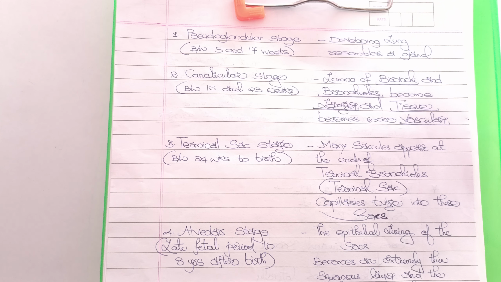The capillaries bulge into these sacs. The name of the stage is the terminal sac stage. So many saccules appear at the ends of terminal bronchioles, and the capillaries bulge into these sacs.